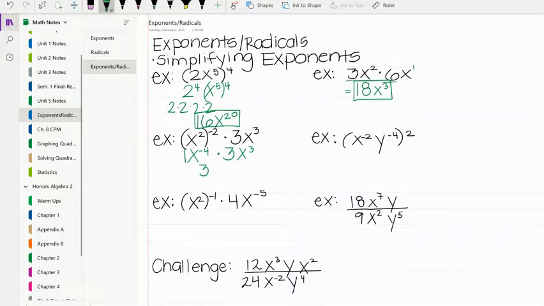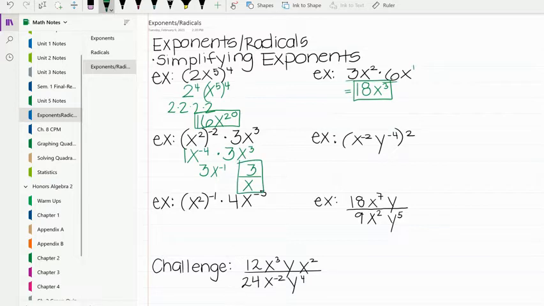I'd have negative 4 plus 3, which would be negative 1. We also learned a property that you can't have negative exponents, so we move it to the bottom, and the 3 stays on top because there is no negative exponent connected to that 3. I really don't need that 1, so I just erased it, but if it's there, it's not wrong.